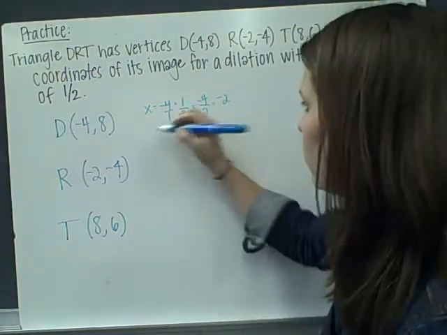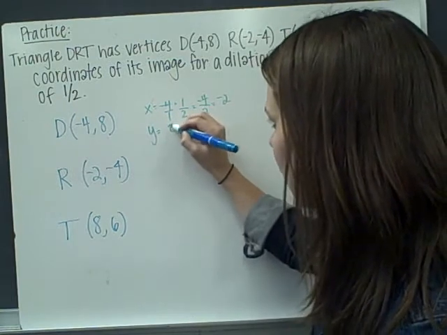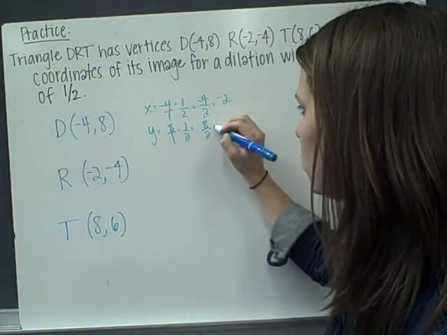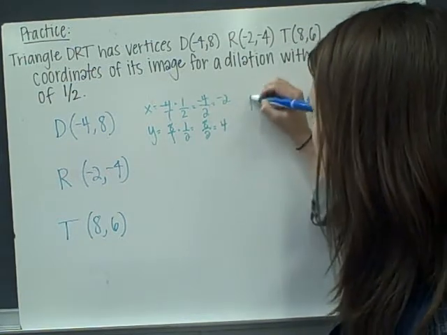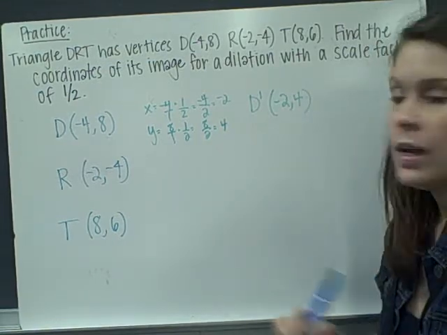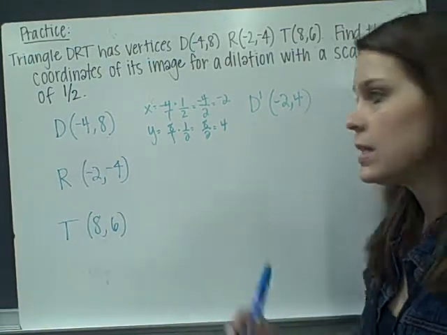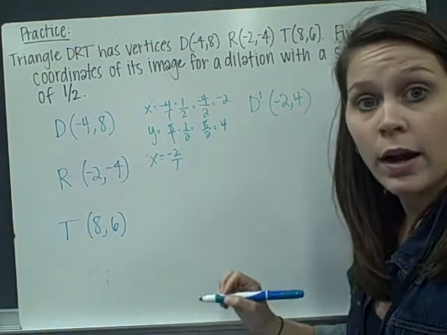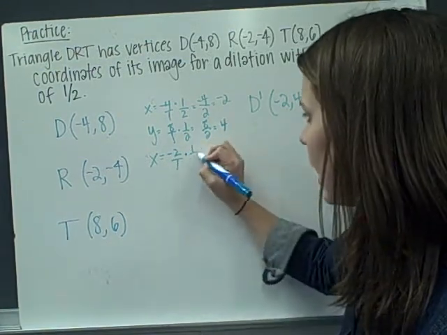Do the same thing for your y value. So y is 8 over 1 times 1/2. I get 8 divided by 2, which is 4. So the D prime is now -2, 4. Now we're doing the same thing with R and T. So our x was -2 over 1, because we need to write it as a fraction, times 1/2.